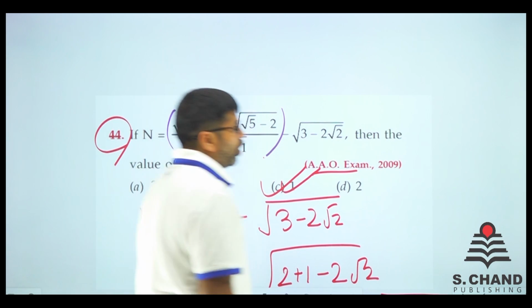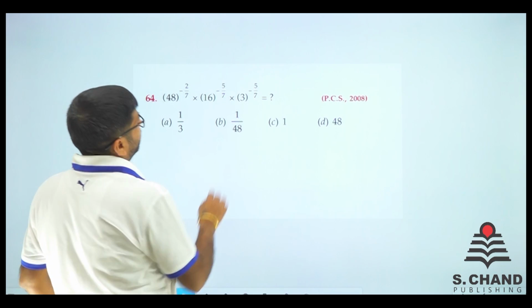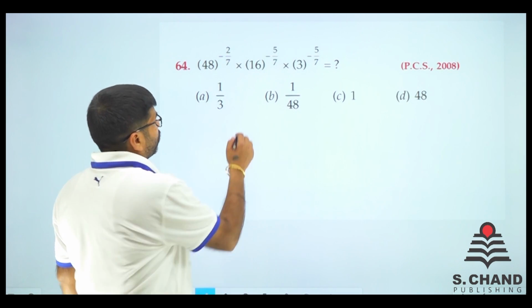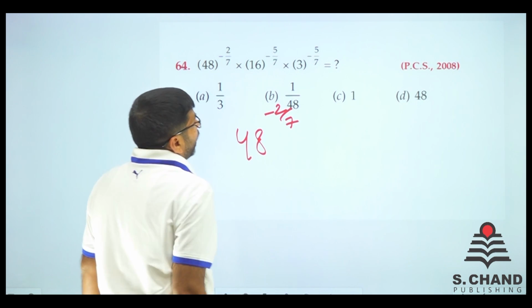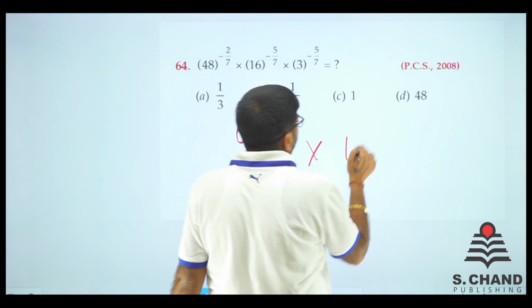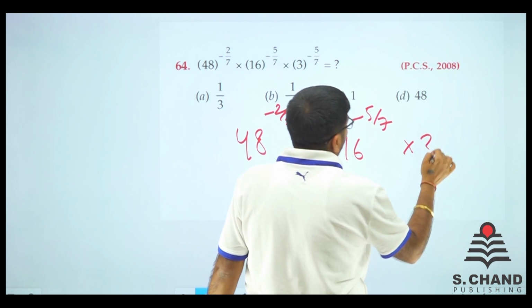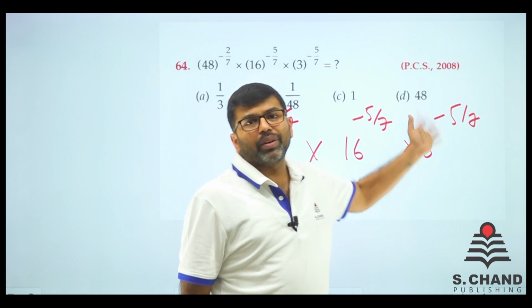Okay, so let's move on to the next question. Question number 64, let's see what it says. Okay, so it is PCS 2008. 48 power minus 2 by 7, and if you see like that, 16 raised to power minus 5 by 7 into 3 raised to power minus 5 by 7. You can see the powers are same.